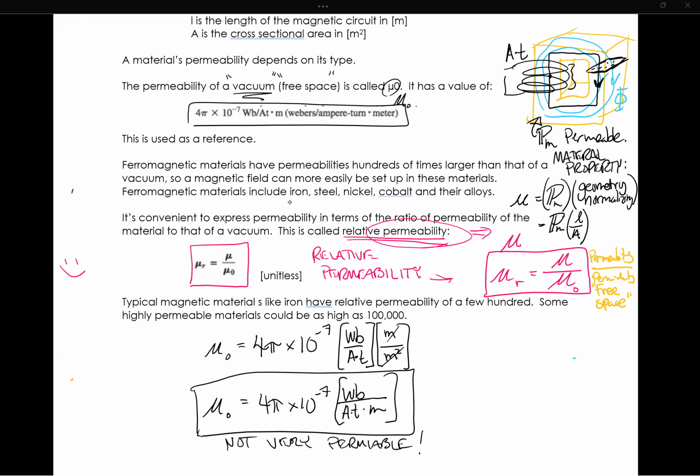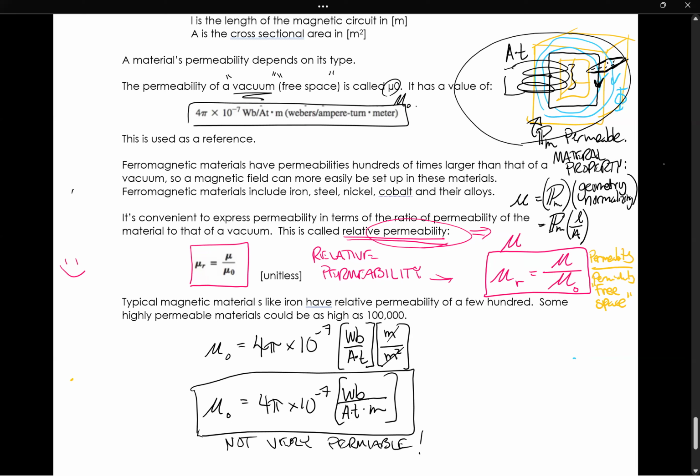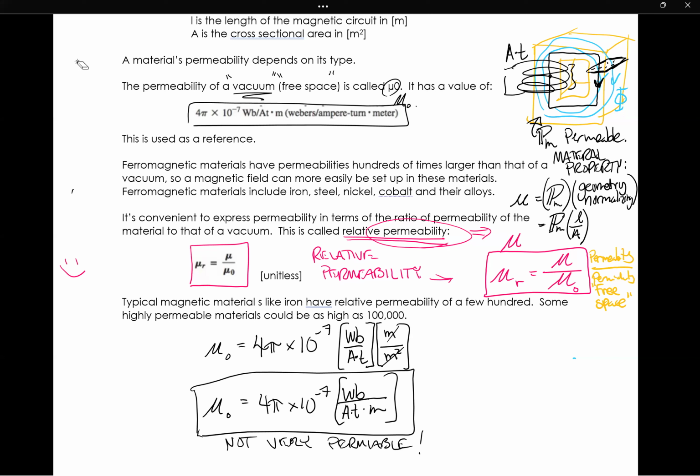The magnetic field is going to stay inside that ferromagnetic material. It's not going to creep out into free space and get you, because you're not a ferromagnetic material, and the free space in between you and that pot is not very permeable.